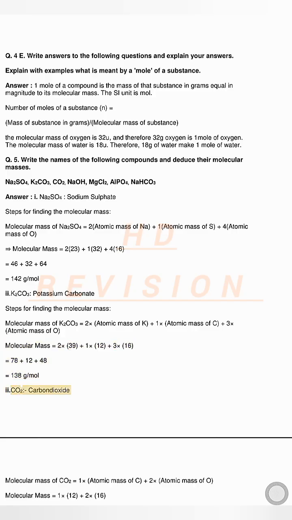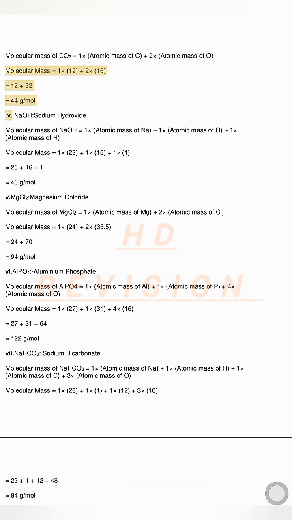III. CO2. Carbon dioxide. Molecular mass of CO2 equals 1 times atomic mass of C plus 2 times atomic mass of O. Molecular mass equals 1 times 12 plus 2 times 16 equals 12 plus 32 equals 44 grams per mole.